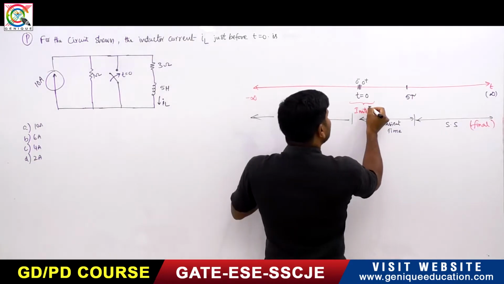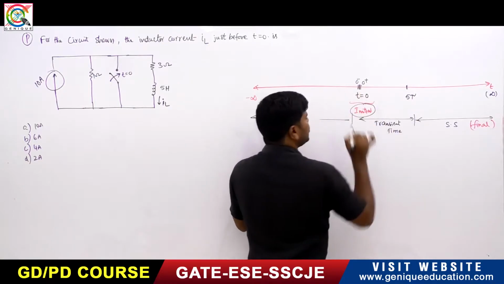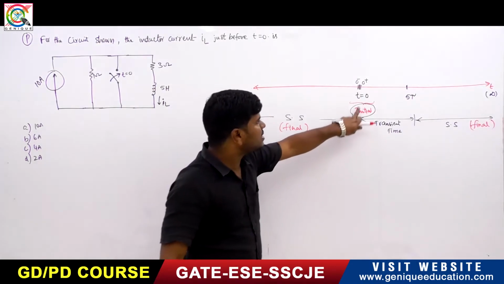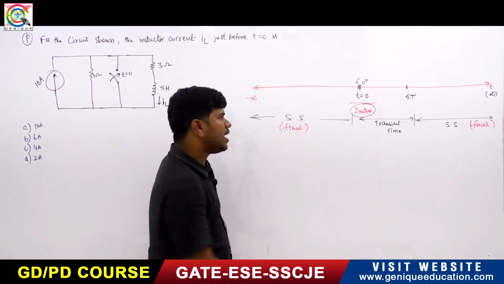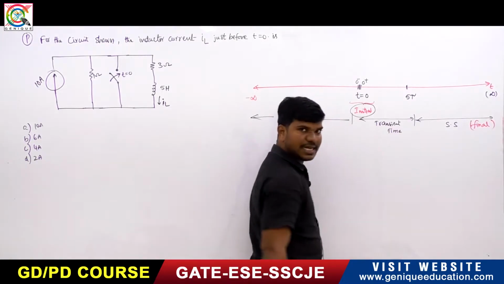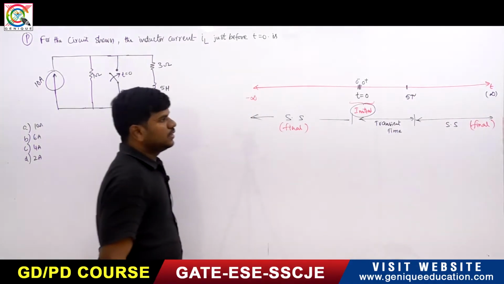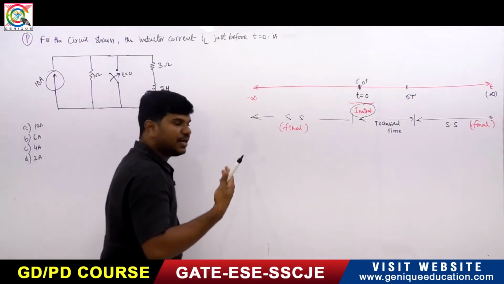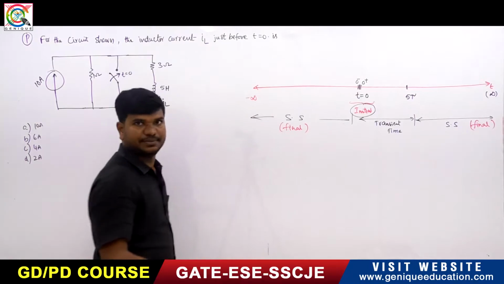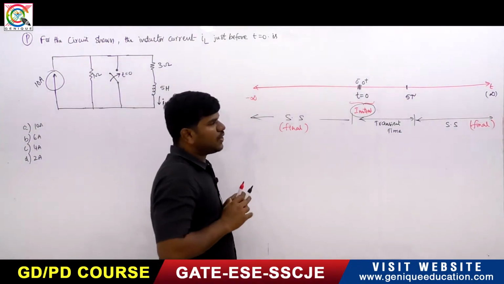At t equals 0 minus and t equals 0 plus, this is called the initial time. From here to here is called the transient time. From 5 time constants to infinity is called the steady state time or final time. From minus infinity to 0 is also the steady state. This is the point you have to understand.